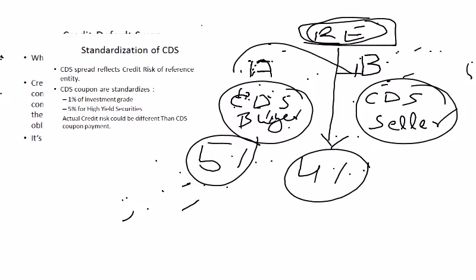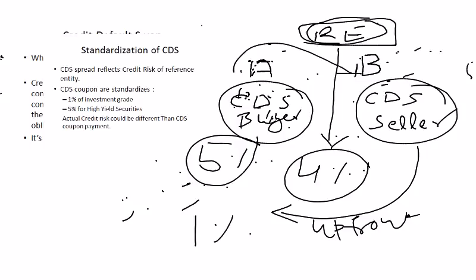So the credit protection buyer is paying excess to B. So the credit protection seller has to make an upfront payment to the buyer, and that upfront payment would be the difference between these two amounts. It will be around 1%.